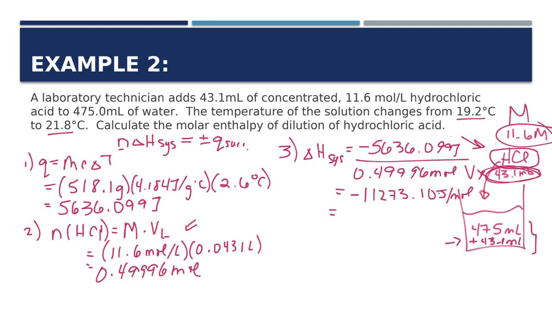When I look over here, everything's 3 sig figs. When I look at my Q value, right here, there's 2 sig figs from the subtraction of that temperature. So I need to round this to 2 significant figures. I'm going to divide by 1,000, and I'm going to say that this will be negative 11 kilojoules per mole of heat that is released when I dissolve this amount of HCl into water.